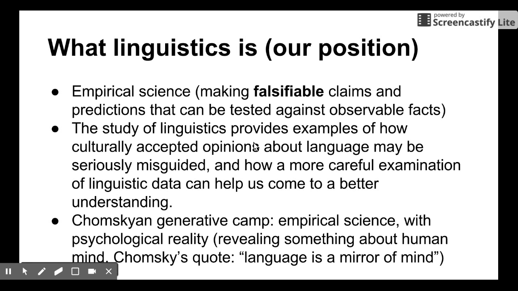The study of linguistics provides examples of how culturally accepted opinion about language may be misguided, and how a more careful examination of linguistic data can help us come to a better understanding of languages.